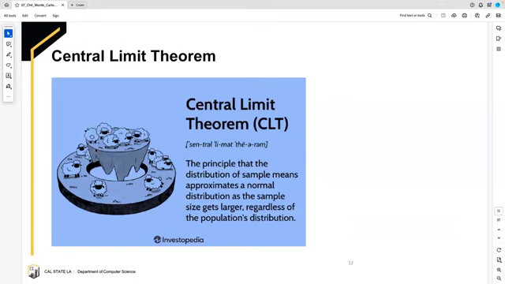Okay? In addition to that, we also know that the mean of the sample is going to have a normal distribution. If you remember, normal distribution is characterized by its mean, mu, and its standard deviation, sigma, right? Sigma squared. But I'm not going through the details of that.